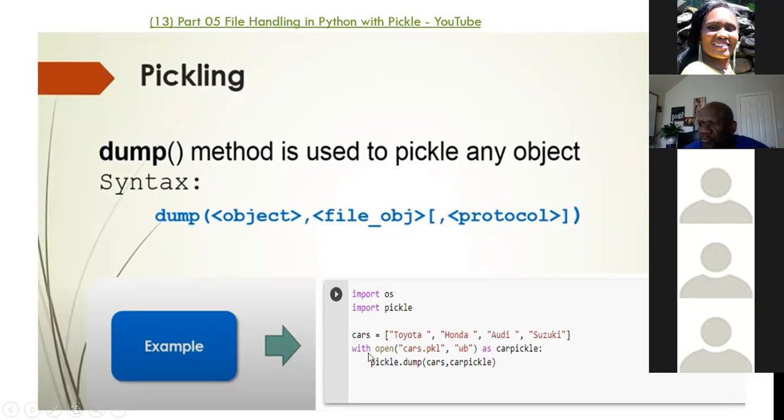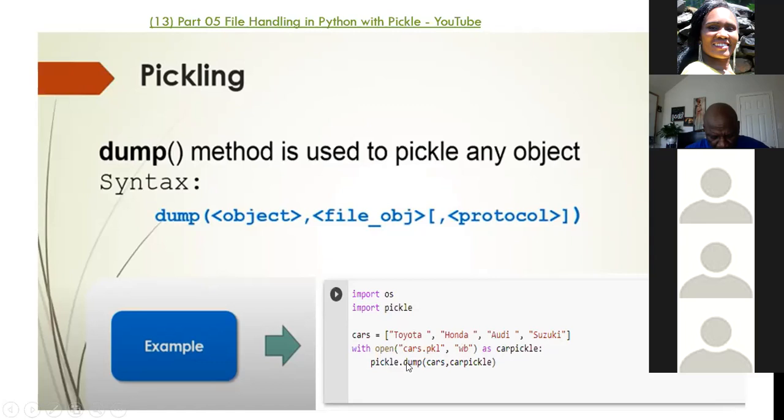Then I'm saying now, remember we talked about with. I showed you how to use it, and now we are using it. So we say with open, then cars.pkl. You can have it as cars.txt; you don't have to put it as .pkl. And then wb is writing in binary, as car pickle, and I had explained how this goes.